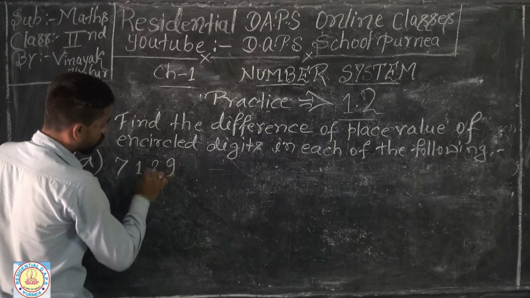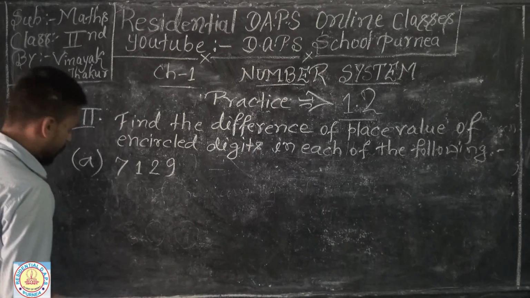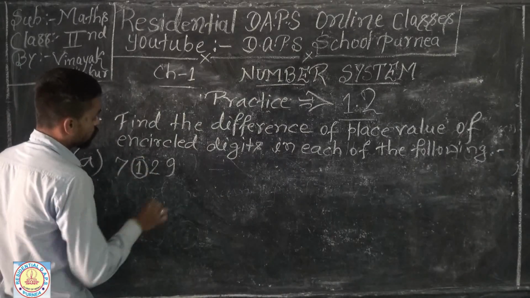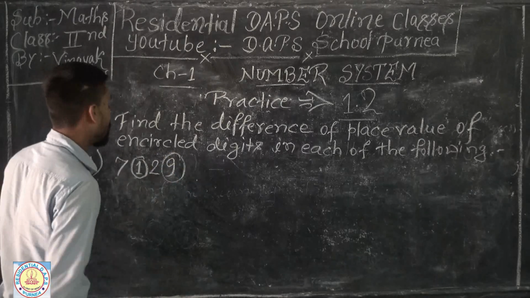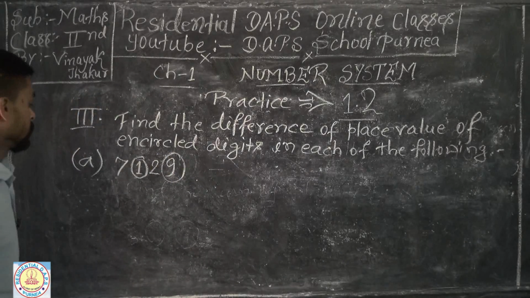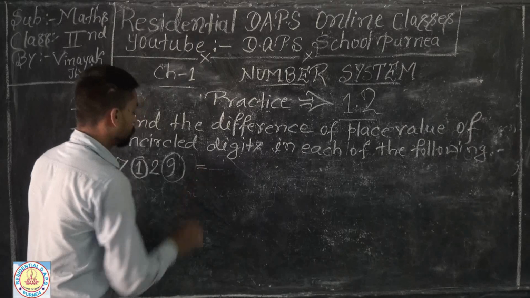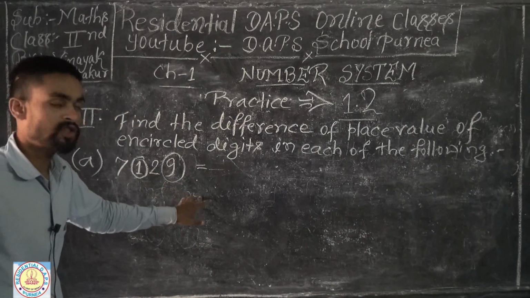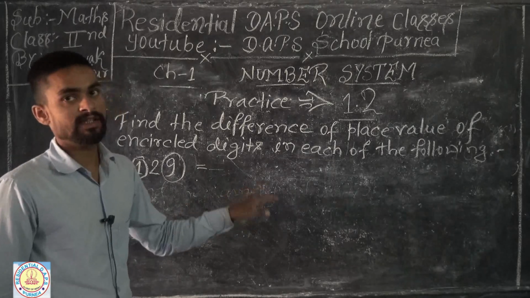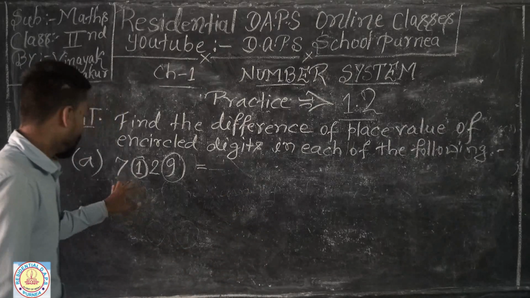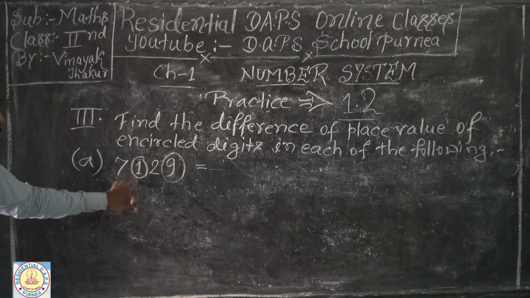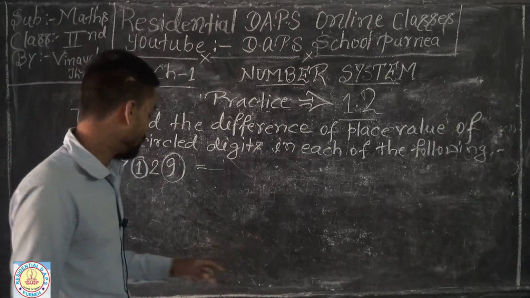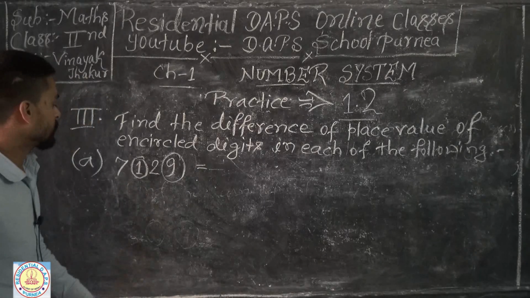So this is your number, and at your number two different digits are encircled. You know that the 9 is at 1's place, so you can calculate it by 9 into 1, and 1 is at the 100th place, so you can calculate it 1 into 100.